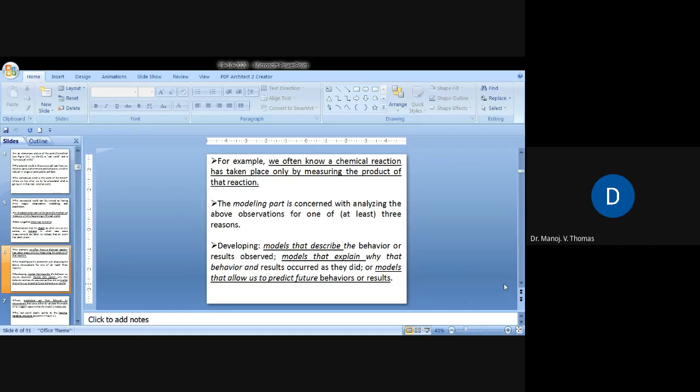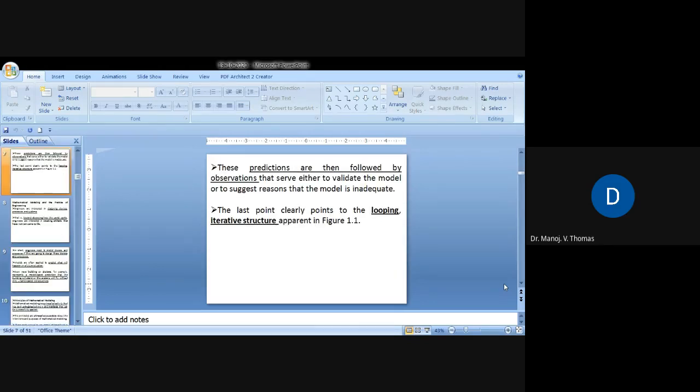Because we want to study how light travels through air, how light travels through water, or anything. So these are three ways: models that describe, models that explain, models that predict.